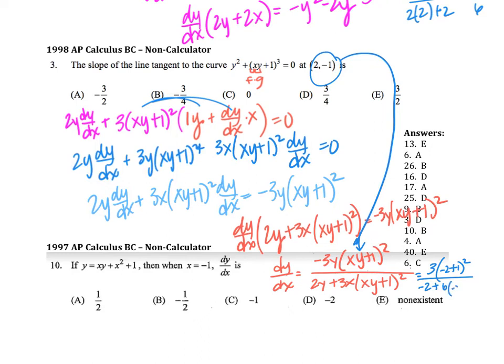The top is 3 times negative 1 times 1, and the bottom is negative 2 plus 6. I'm left with 3 over 4. That is the answer.